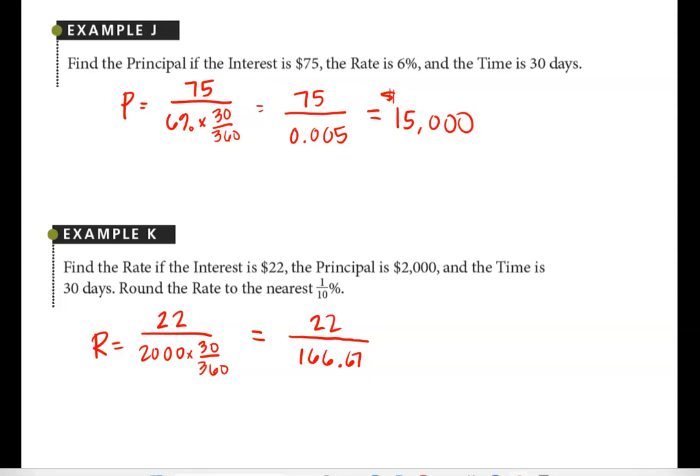My numerator is still $22. And so this gives me 0.132. Because it's asking for the rate, remember that this is a percent. So to convert this to a percent, this equals 13.2%.